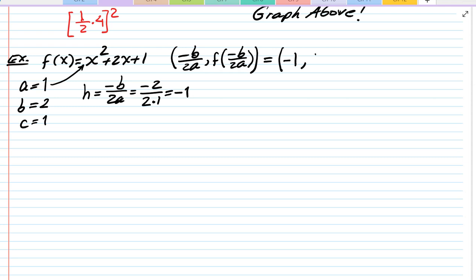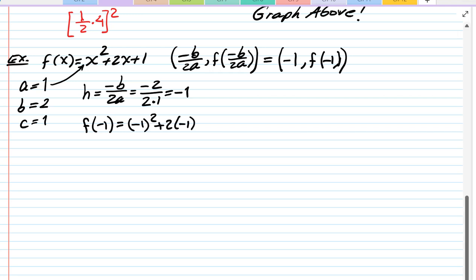Now the y component, you do f at negative 1. See, that's what I said. You don't need a formula. Just plug in negative 1 for x. And f at negative 1 is negative 1 quantity squared plus 2 times negative 1 plus 1. You plug it into here. And what is this going to give me?